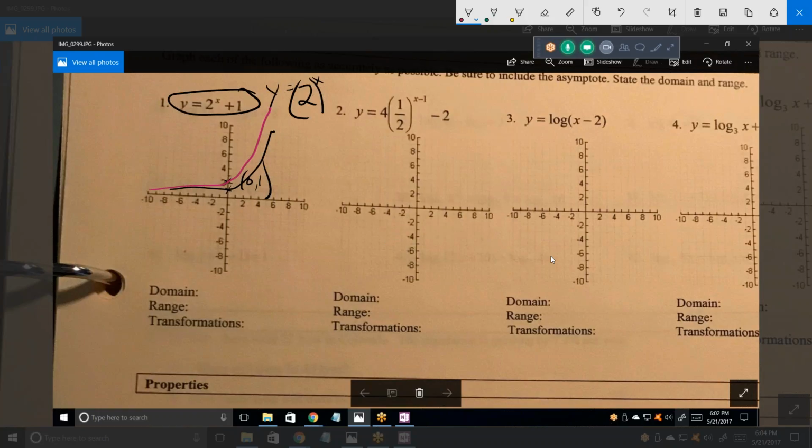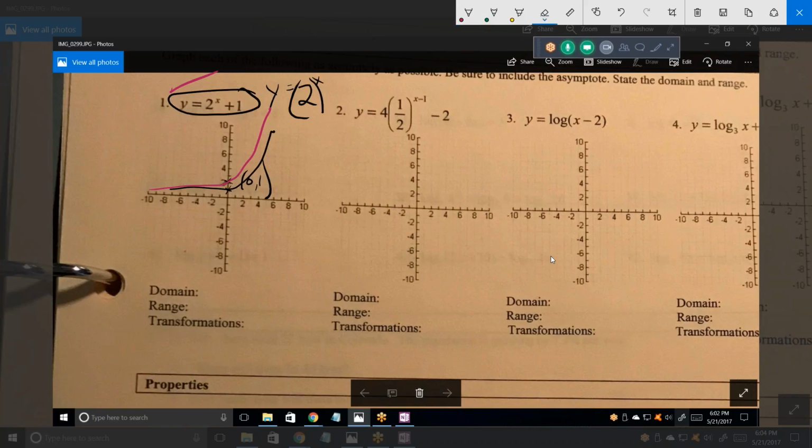Because if you plug in 0 into that function, you get 2. So the only real thing it does is move the horizontal asymptote up 1 unit.